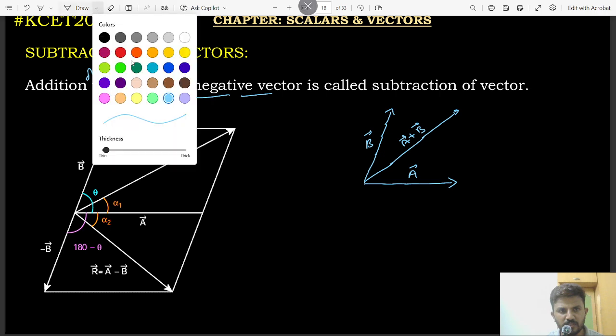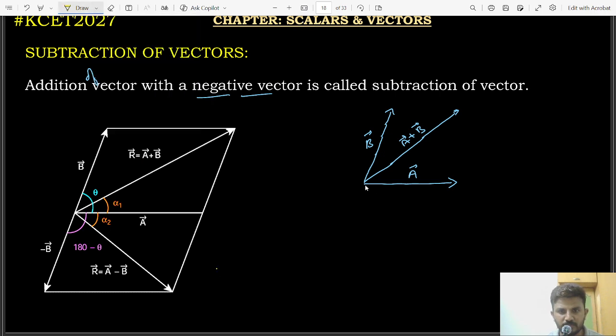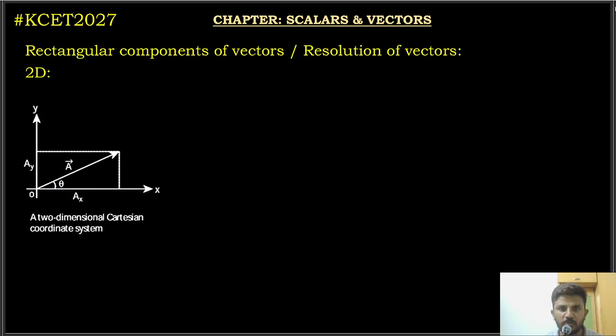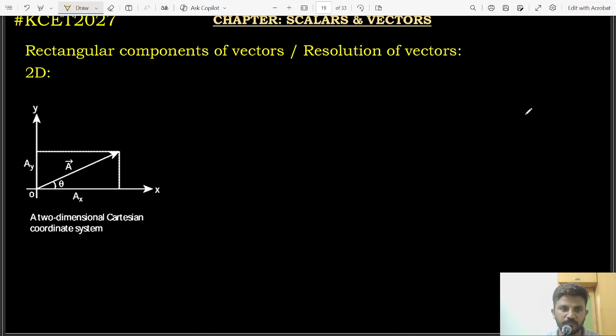You just find the negative of vector B here, that gives you minus B. So this is the resultant of those two, this is A minus B. So this is A plus B, this is A minus B. Clear? Yes.